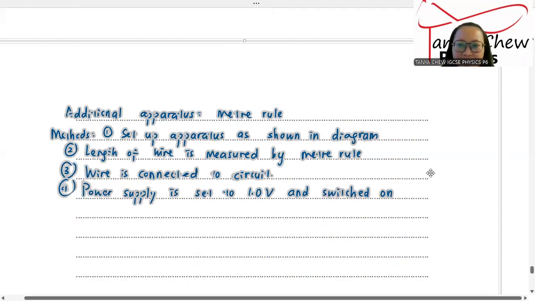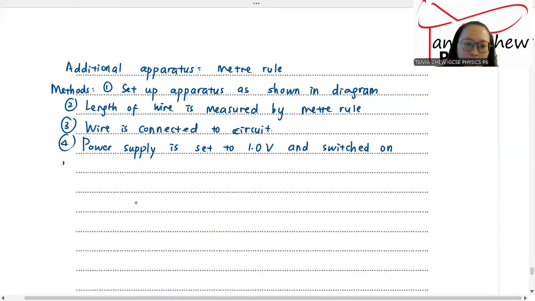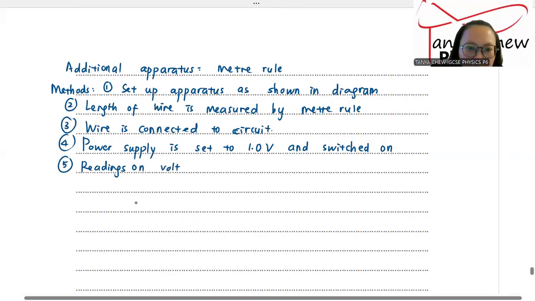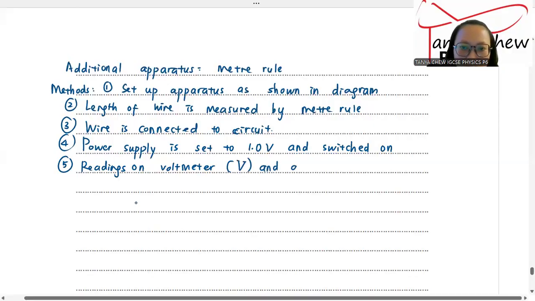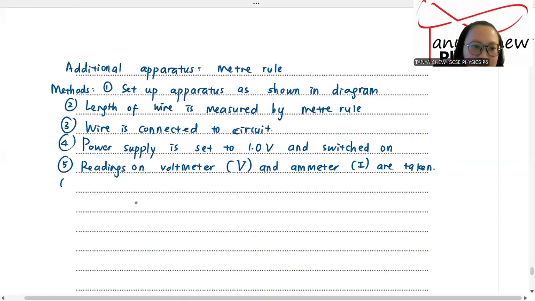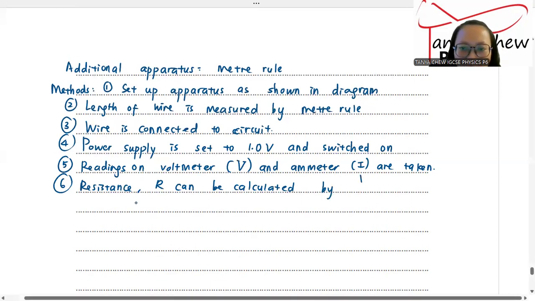And what happened next is that, okay, number 5, you might want to say, okay, after you switch it on, readings on voltmeter, which is V, and ammeter, which is I, are taken. And then number 6, resistance R can be calculated by V over I. Done.